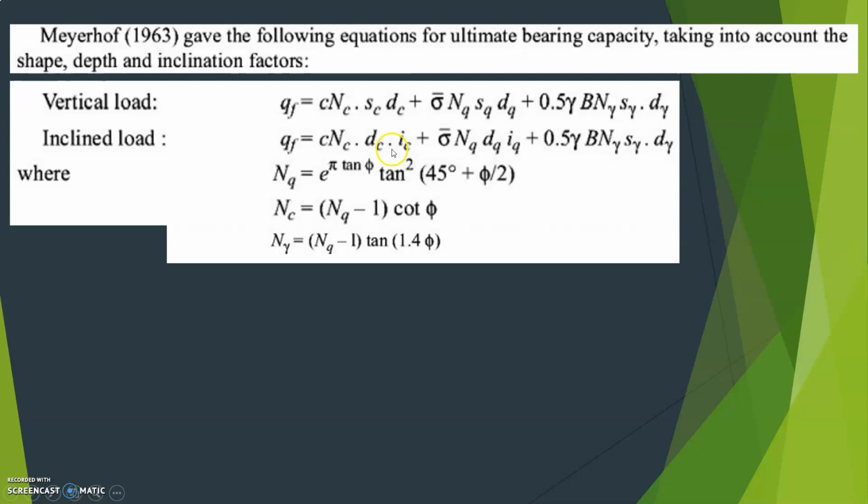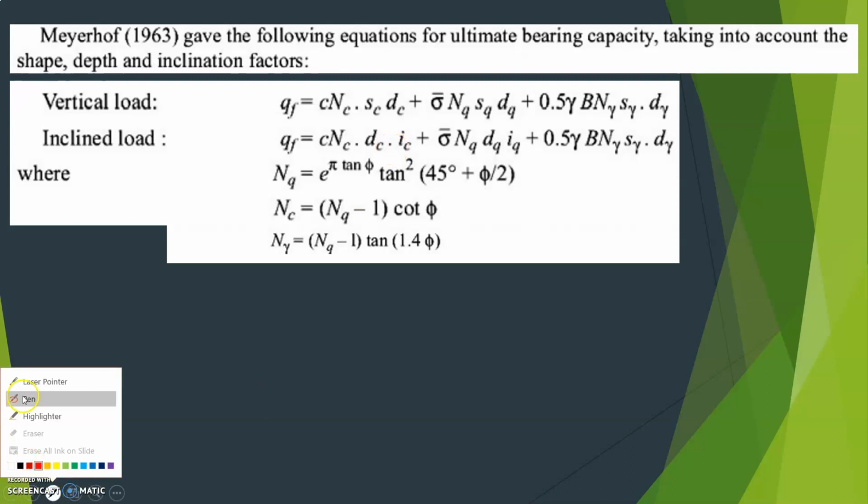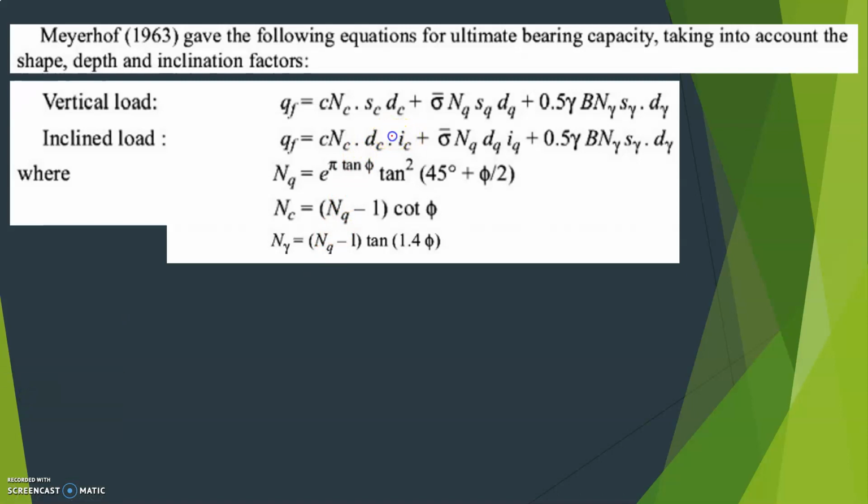Sorry, here Sc is also there, and here Sq. Only the addition of inclination factors here.